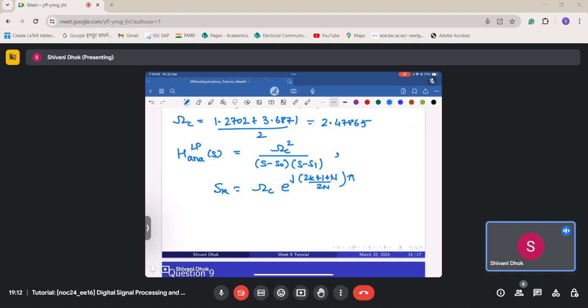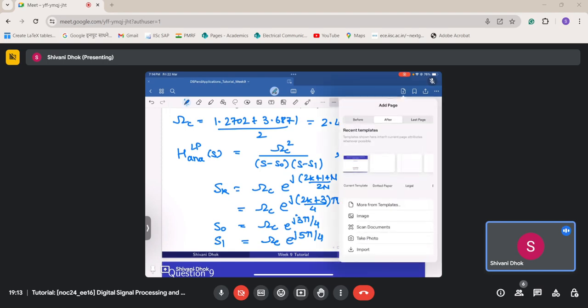For our value of n, this is e power j (2k plus 1 plus 2, that is 3) upon (2 into 2, that is 4) pi. So s0 comes out to be omega c into e power j 3 pi by 4, and s1 comes out to be omega c into e power j 5 pi by 4.